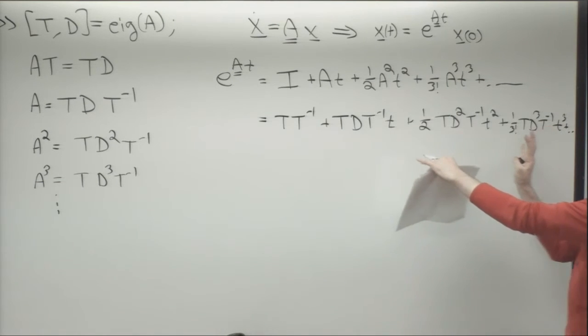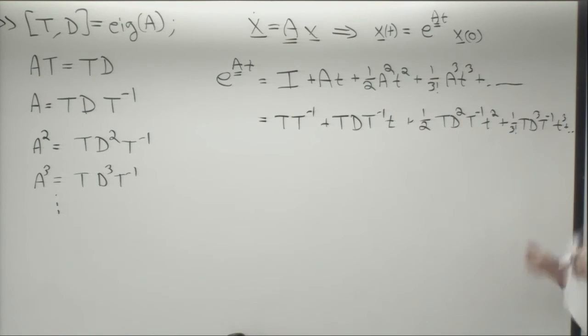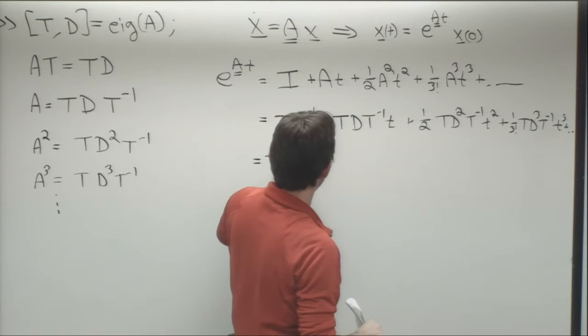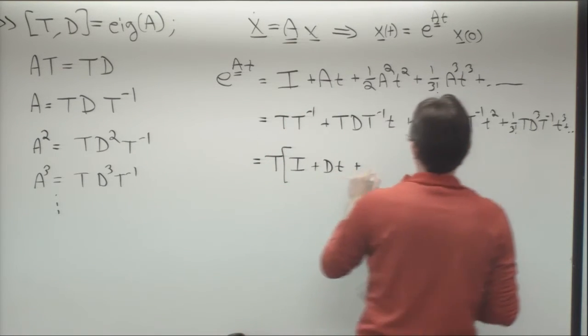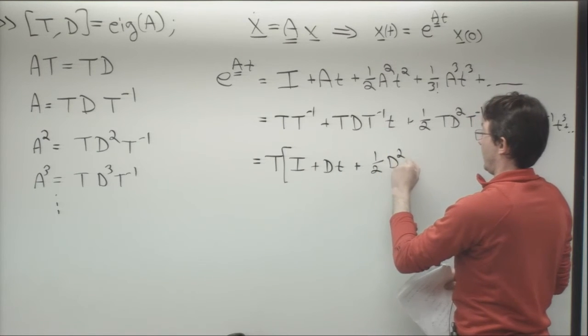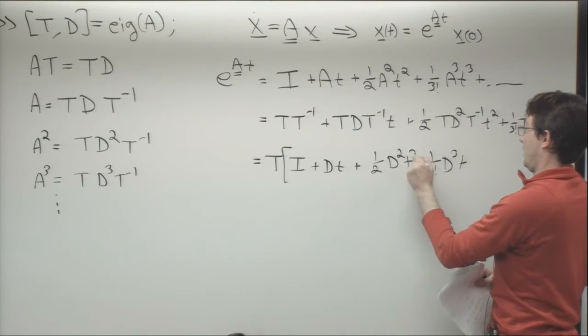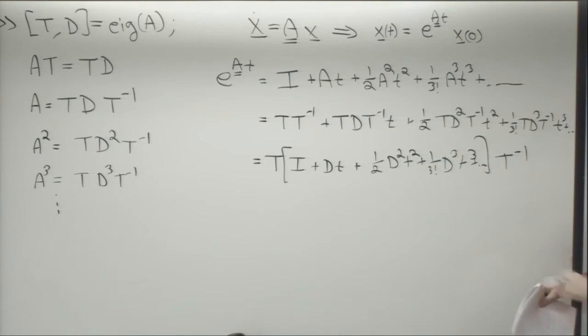So all of these terms have a T on the left and a T inverse on the right. So I can say this is T times identity plus Dt plus 1/2 D squared t squared plus 1/3 factorial D cubed t cubed plus dot dot dot, times T inverse.